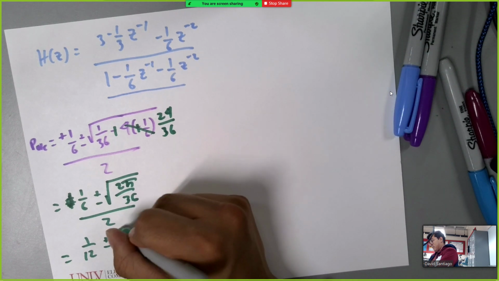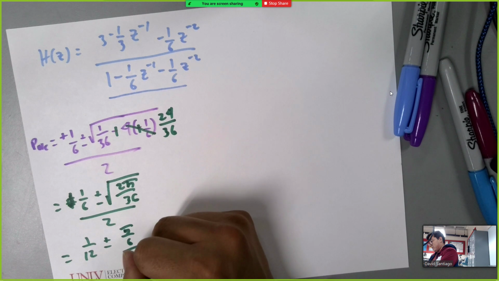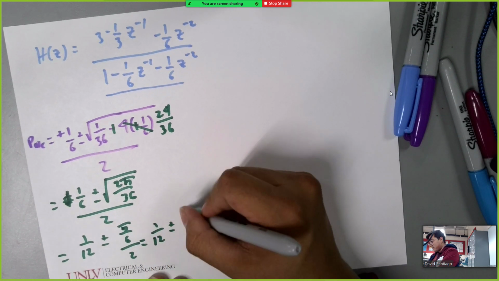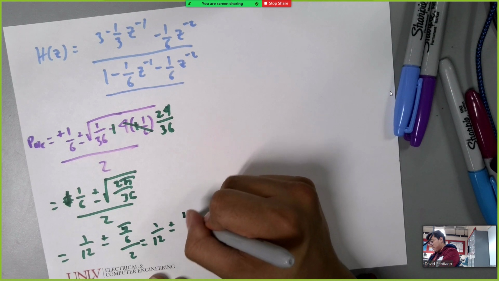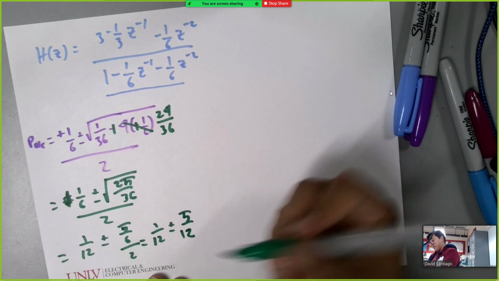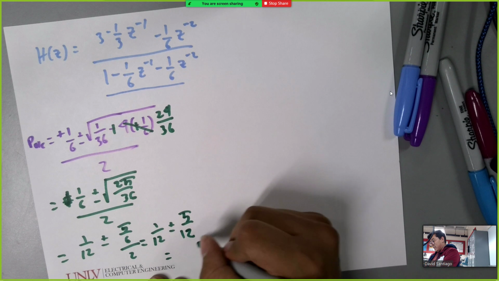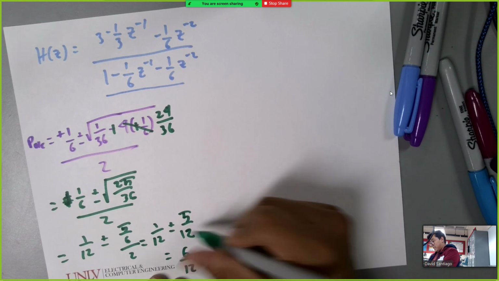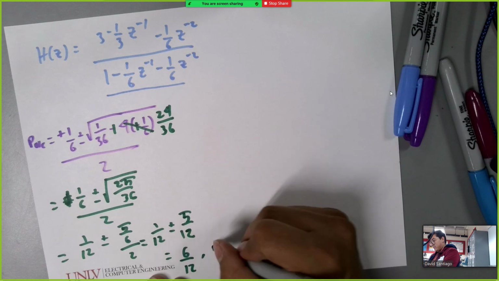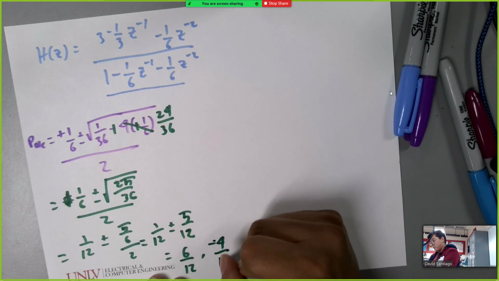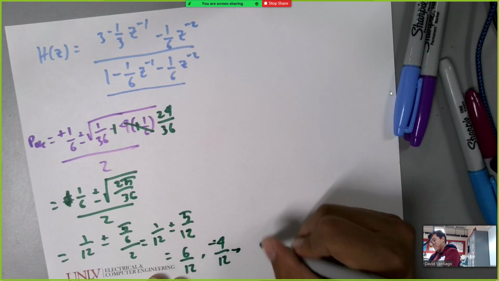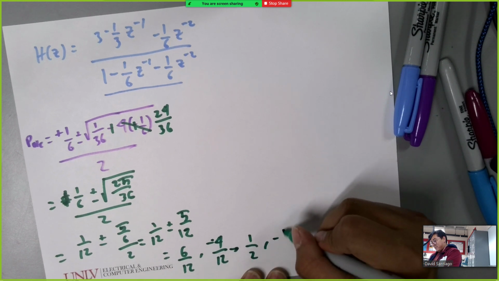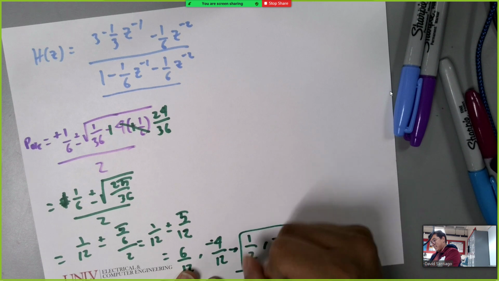You're going to get 5 over 6 divided by 2. It's going to give you 1 over 12 plus or minus 5 over 12. Your final answers are going to be 6 over 12 and minus 4 over 12, which correspond to 1 over 2 and minus 1 over 3.